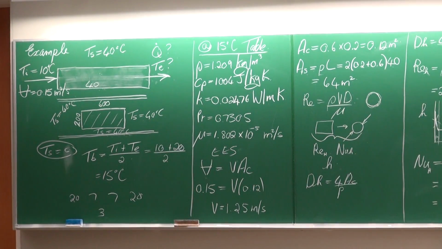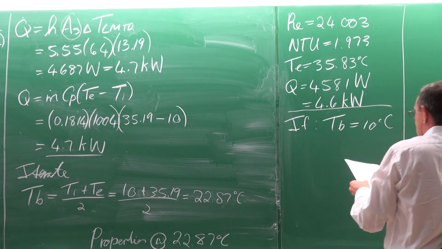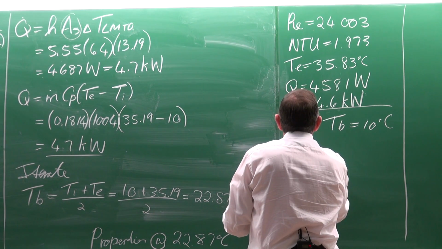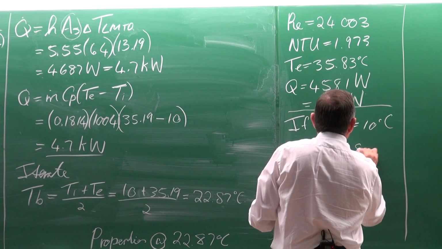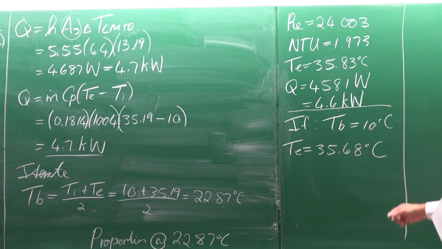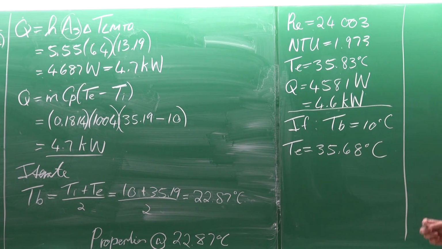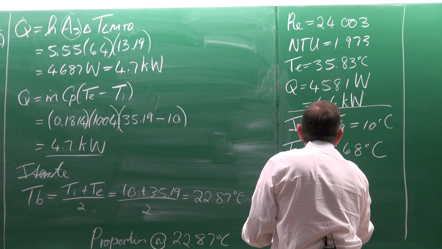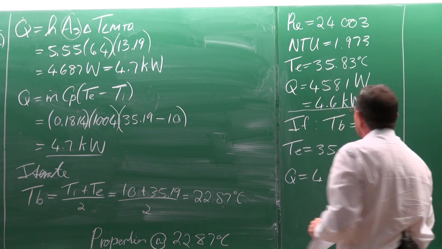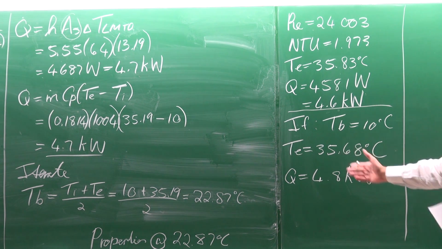If you've done that, and if you've done all the calculations, then the outlet temperature would have been 35.68 against 35.19. Heat transfer rate would be equal to 4.8 kilowatts. Okay. 4.7 to 4.8 kilowatts is nothing between friends.